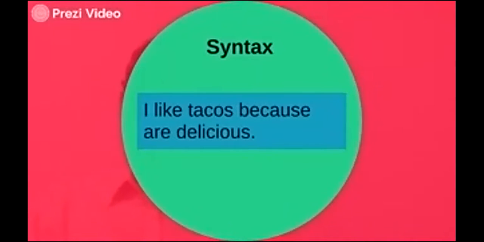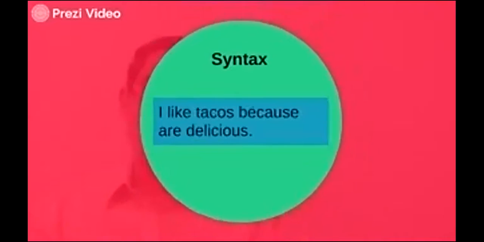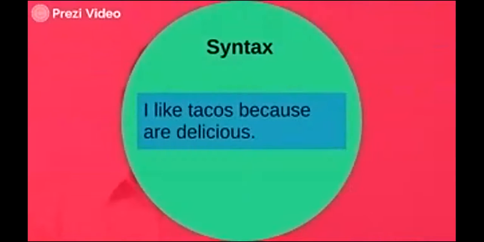Or syntax. "I like tacos because are delicious." There's a problem in syntax. Spanish is a beautiful language and you don't need to have the subject because the conjugation of the verb tells me the subject and the tense. In English, we need to have the subject.